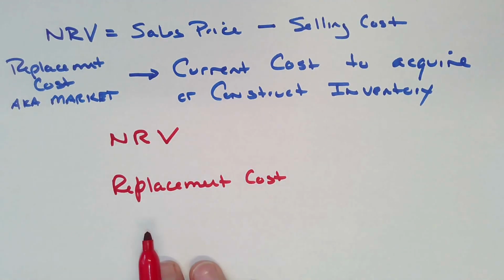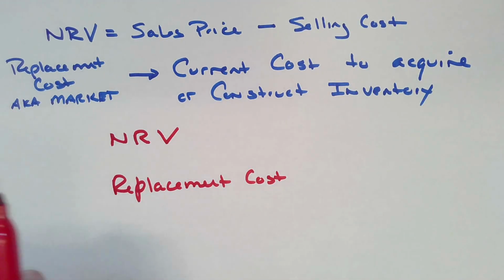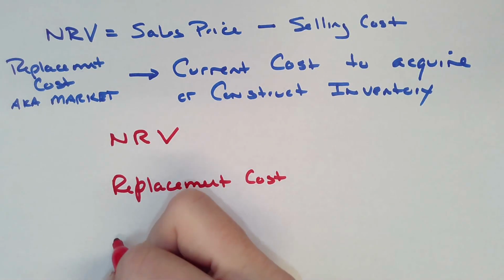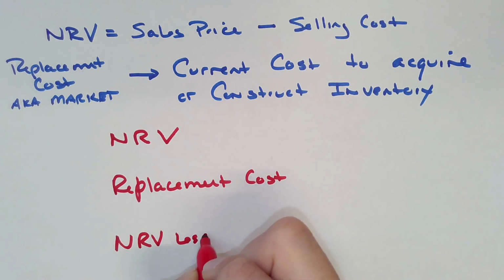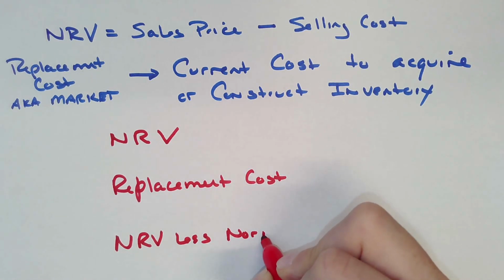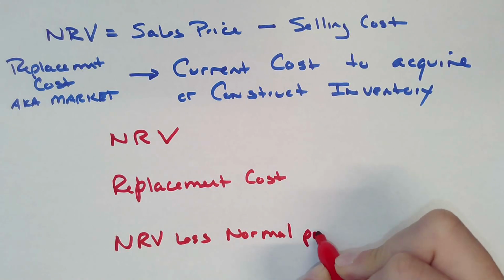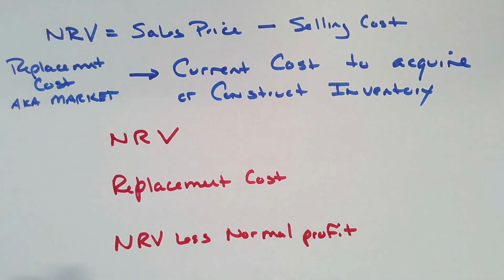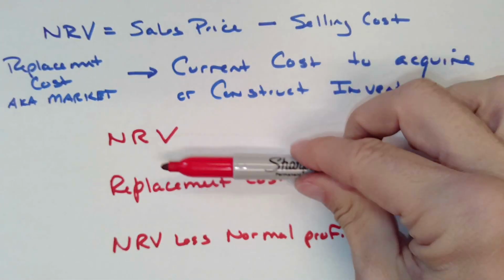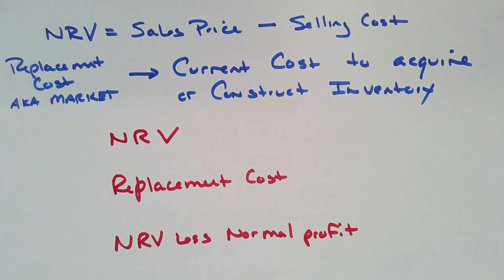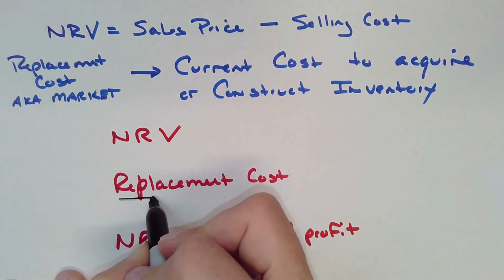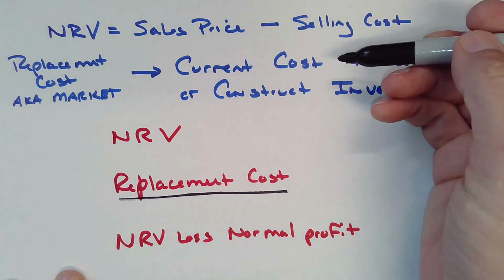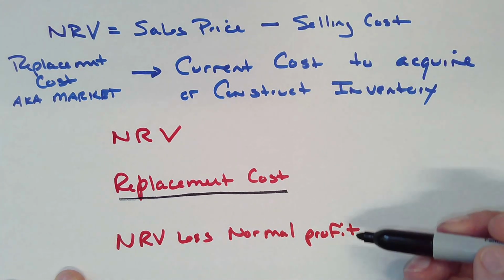And then I also want to look at another variable called net realizable value less normal profit. And I've got these stacked in this way for a reason. So I'm looking at replacement cost and seeing where it lies in this scope here.